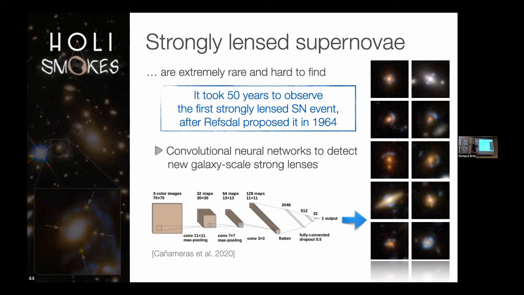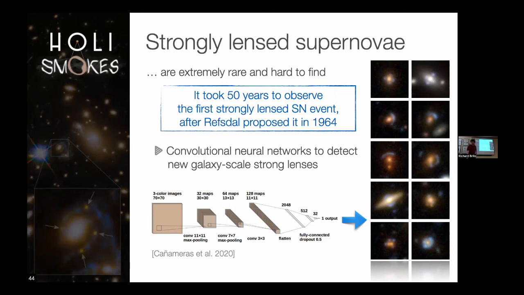And for that to be efficient, one needs to increase the number of known lens systems. So one part of the project is to search for new lenses. And we're using convolutional neural networks for that, plus in the end some by-eye screening of the remaining systems.